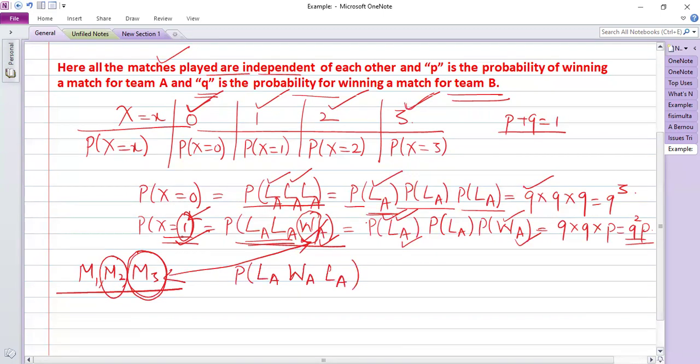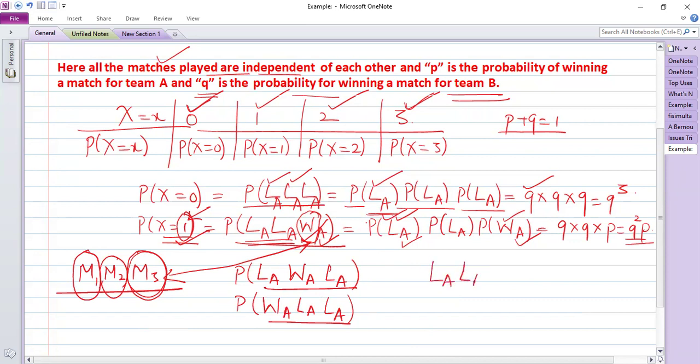And moreover, this single match can be the first match also. It means it can be WA, LA, LA. So basically, these are the permutations of the same combination. What combination?